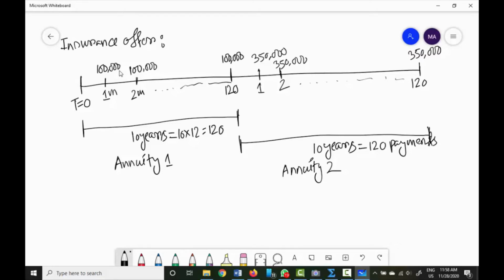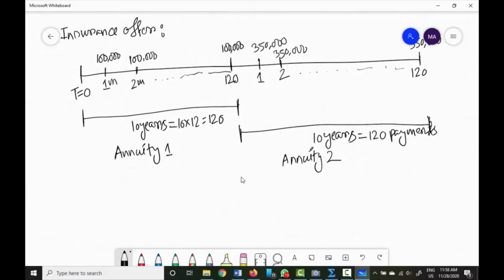So we will consider that Mr. Harun will save the same 100,000 taka at the end of every month up to a 10 years period, a total of 120 payments, and we will find out how much the bank will give him for the next 10 years. So to compare it with the bank offer, we need to consider that.